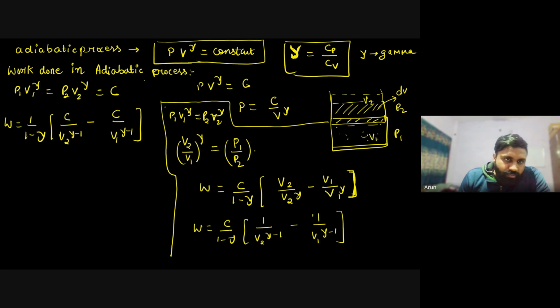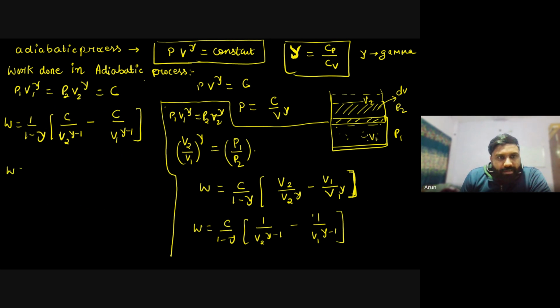Now we wish to put the value of C because in the denominator we have V2, so we will put the value of C in which V2 is present. So here P2 V2 raised to the power gamma we will put here, and similarly for V1 we will put this value.